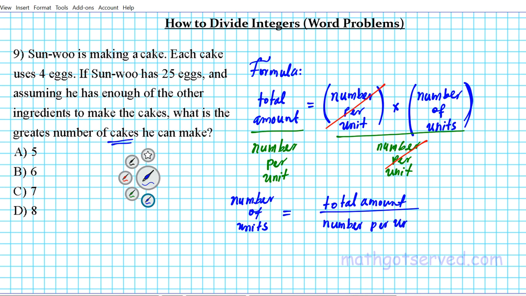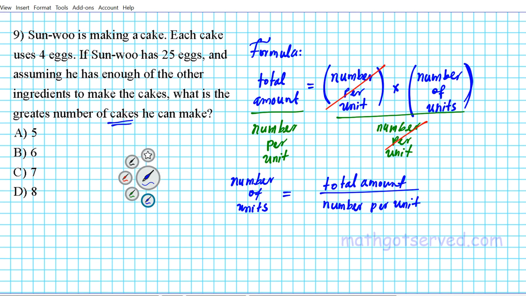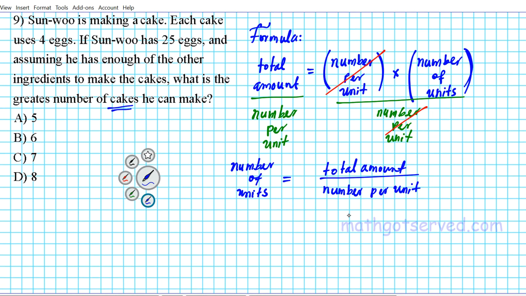That's exactly what we want for this problem. Alrighty, so let's go ahead and adapt this problem to this particular formula that we have here. So the number of eggs, let's change colors. So the number of eggs, number of cakes.